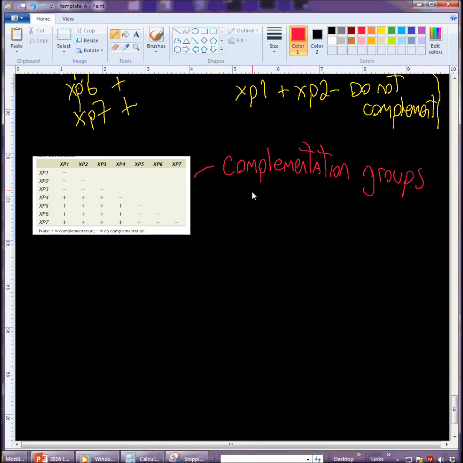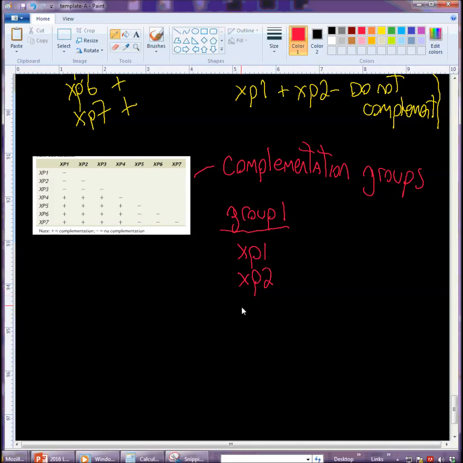So to be in the same complementation group, you cannot complement one another. So what does that mean? Okay, so group 1, take all of the cell lines that did not complement each other in the assay. So XP1 and XP2 did not complement one another.